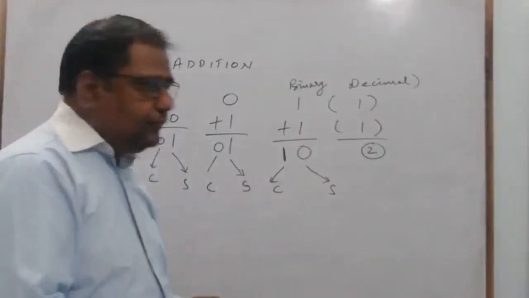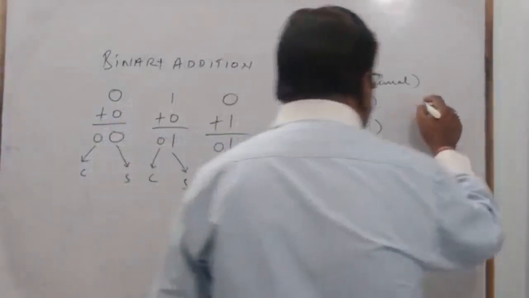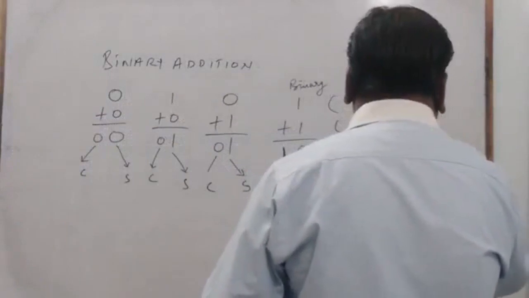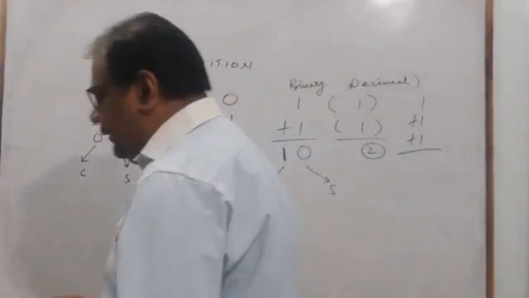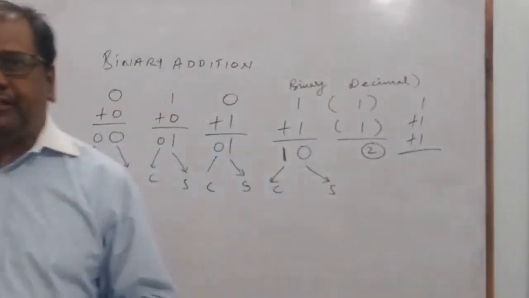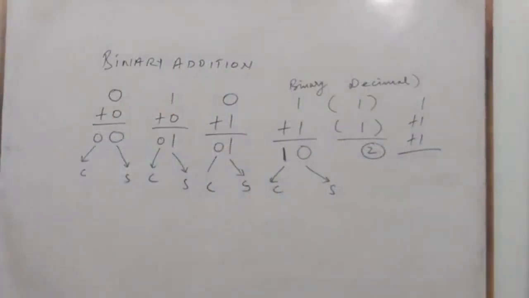Similarly, when you are adding three binary bits, what will be the answer? The answer will be 1, 1. So when we are adding three binary bits 1, 1, 1, the result will be 3. 3 will result in binary as 1, 1.